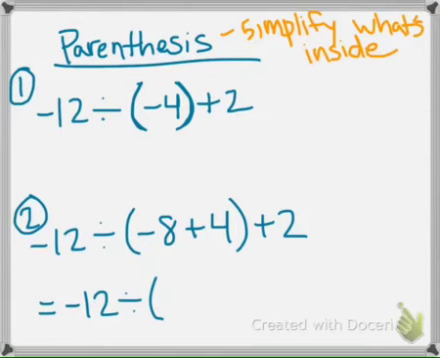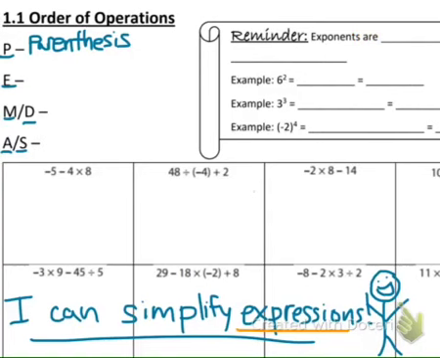Simplify just means make smaller. Negative 4 plus 2. And then you could even continue on with the order of operations from there until you came to one number. We'll go through the rest of the order of operations first.